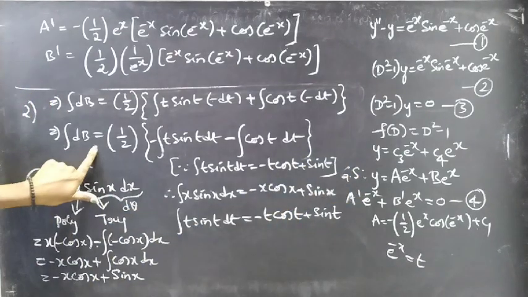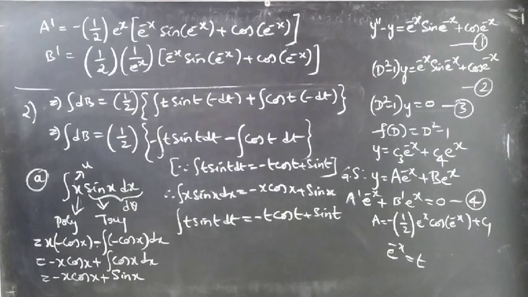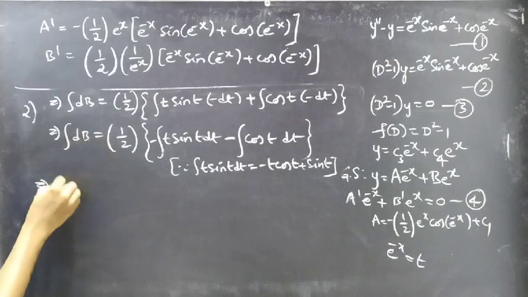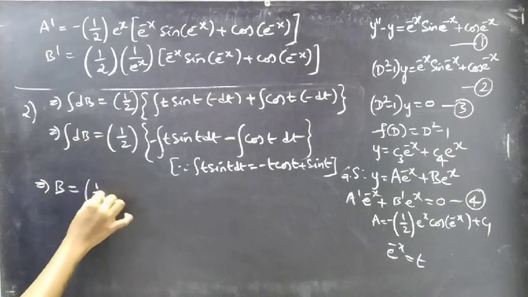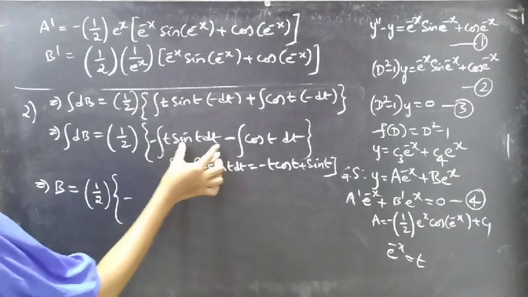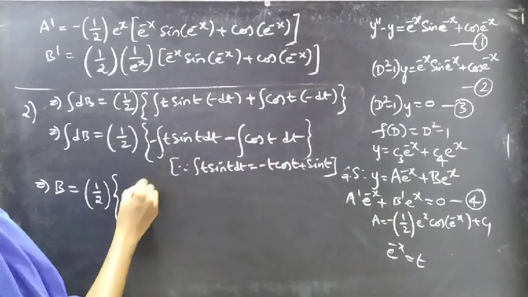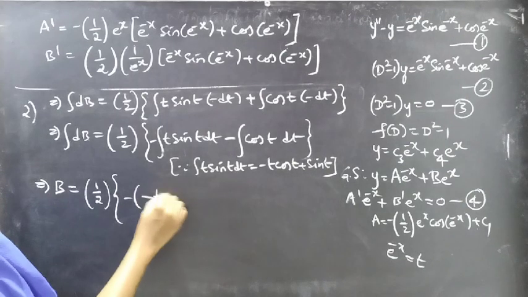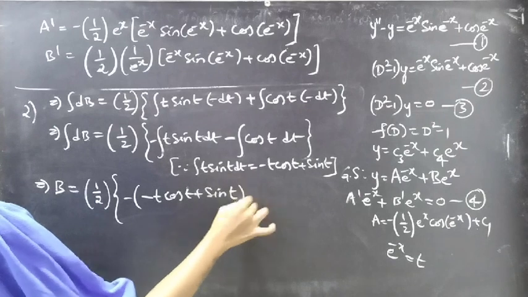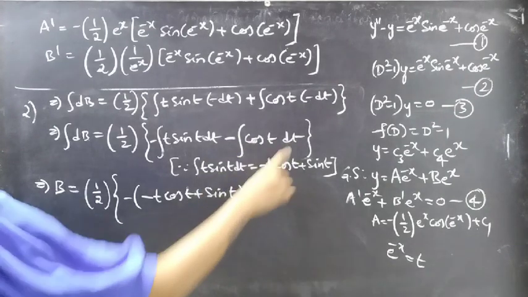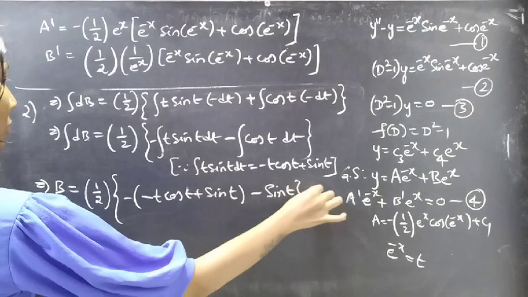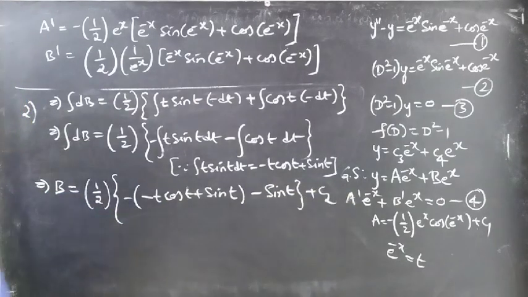Now coming to the above equation, we'll get integral dB equal to 1 by 2 into minus integral t sin t dt can be replaced by the result obtained. We'll get minus t cos t plus sin t minus integral cos t dt is sin t plus integration constant, say c2, right?